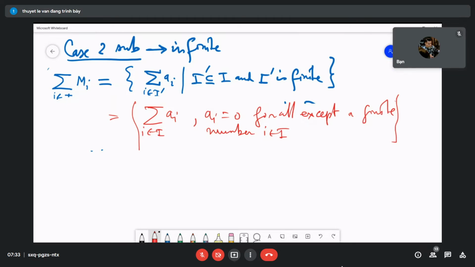So the first is to write it as finite, and the second is to write it as infinite. However, that is only finite, because in algebra we don't have the sigma of an infinite number of elements. So you write something like this, because this is difficult.